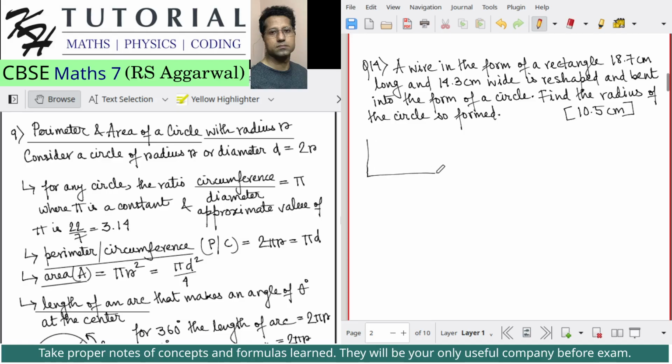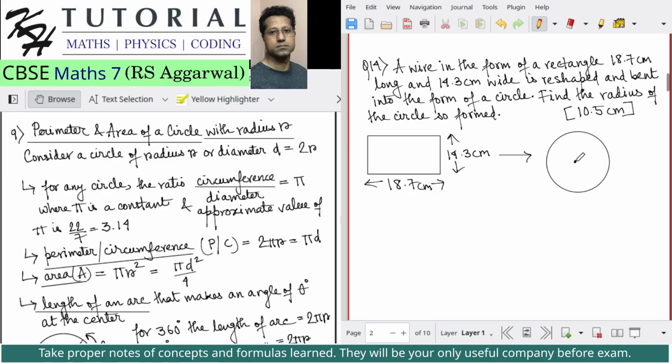So this was the wire in the form of a rectangle where the length was given as 18.7 centimeter and the breadth was given to be 14.3 centimeter. And this wire was rebent to form a circle.